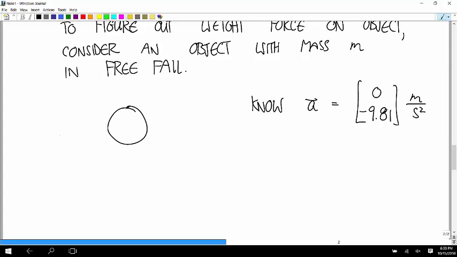That's if we have our y-axis pointing up. And so think about the definition of free fall. What forces are acting on an object that's in free fall? Gravity, and that's it. That's the definition of free fall. And we also know that the only force acting is the weight.